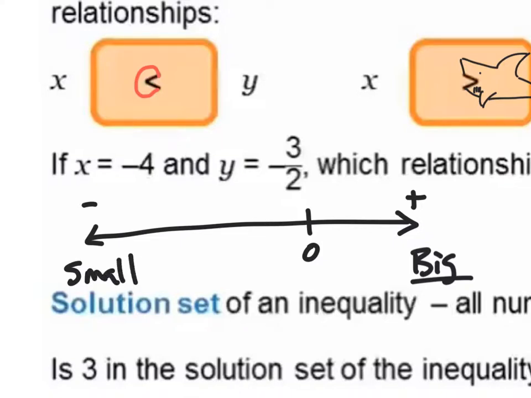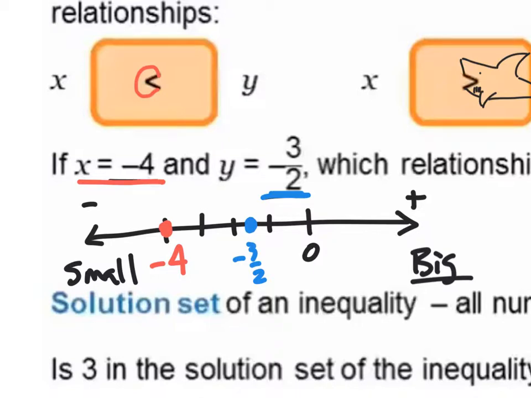So you have these numbers, -4 and -3/2. I'm going to do 1, 2, 3, 4. Here's -4, here's this value right here. And then -3/2 is -1.5, so here's -3/2 and here is -4. This is where it gets tricky. Dealing with inequalities that are negative, we have to think about which one is further to the left or further to the right on the number line.